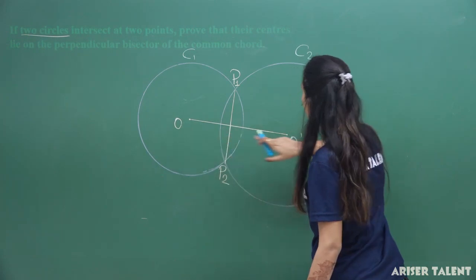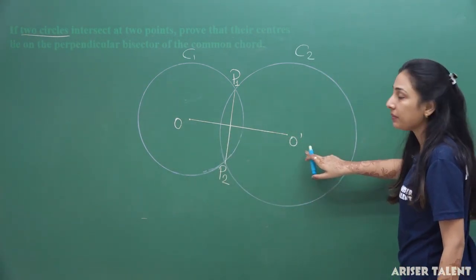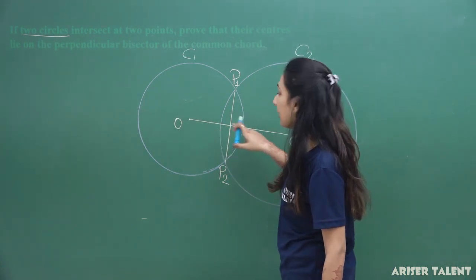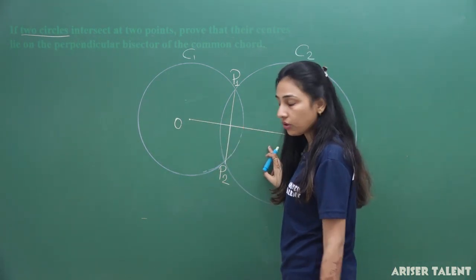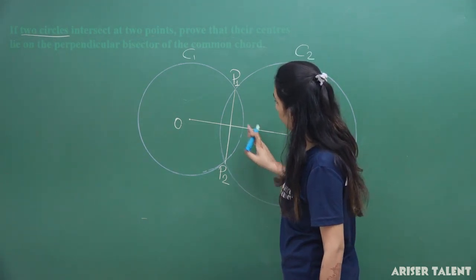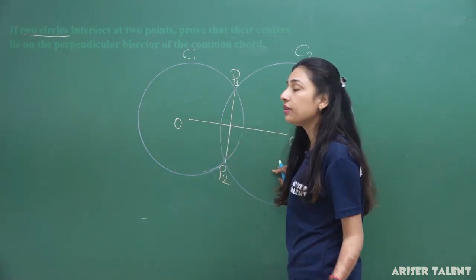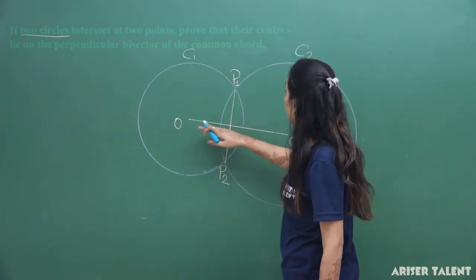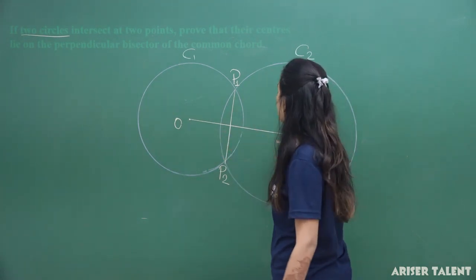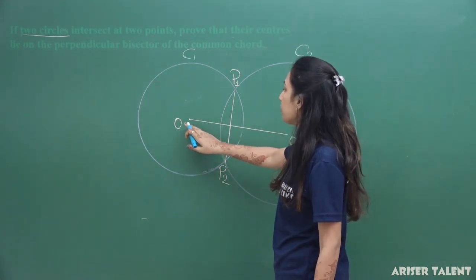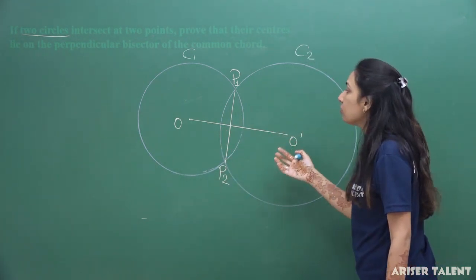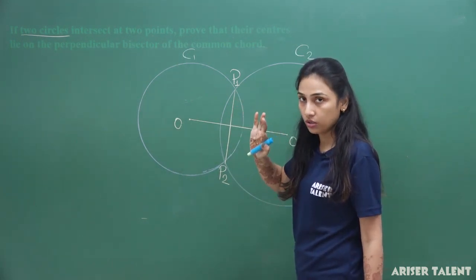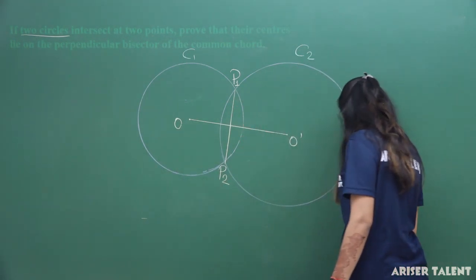If I will meet these two centers, by construction even you can see that this is looking perpendicular to that one and you can measure it also, but we have to prove that actually in each and every case, this line which is made by meeting these two centers of the circle will be the perpendicular bisector of this common chord. Okay, this we have to prove.